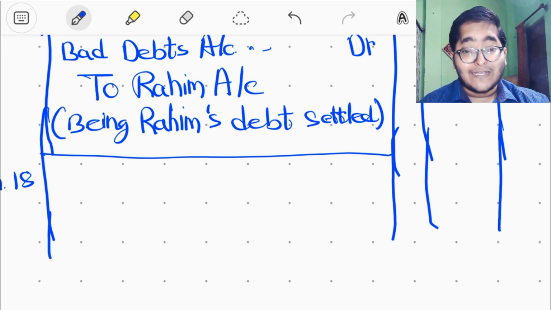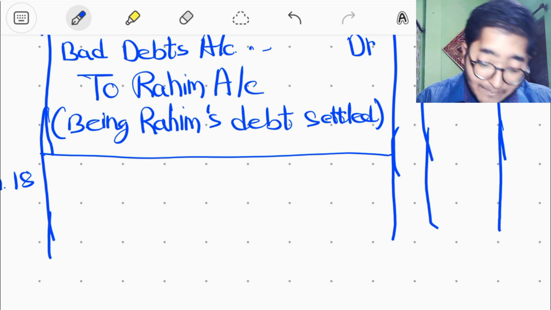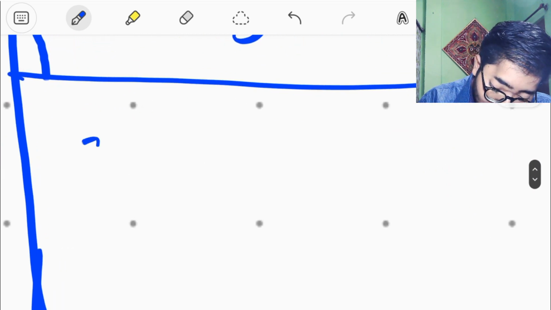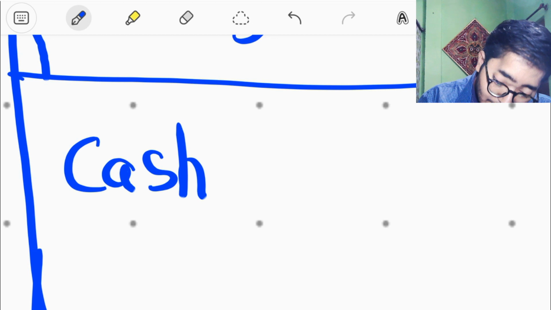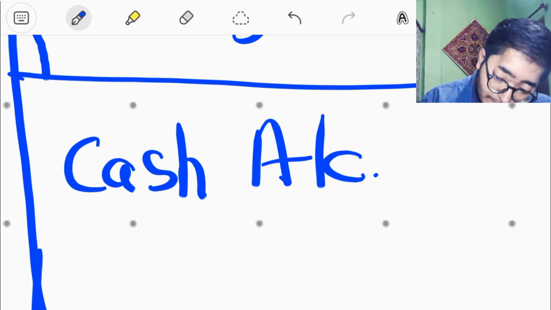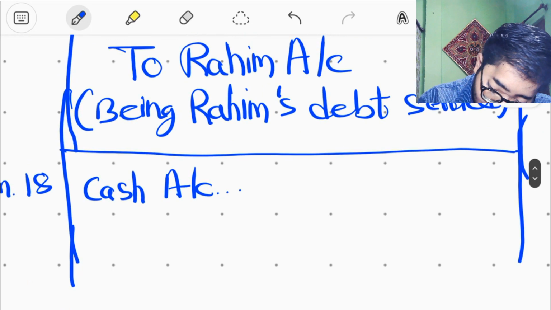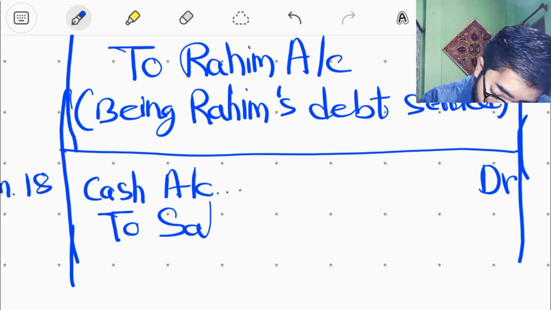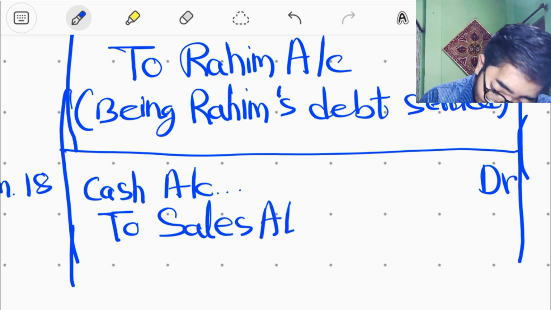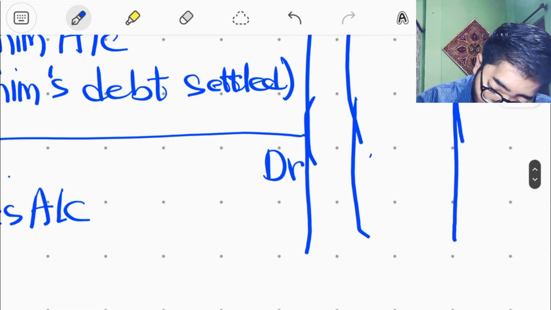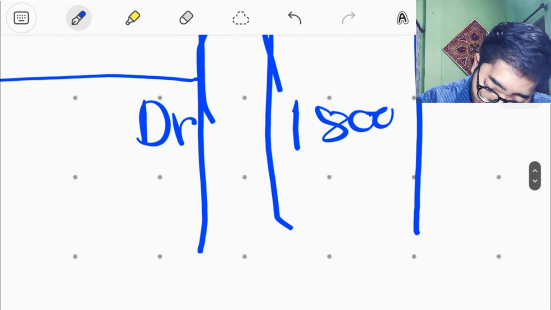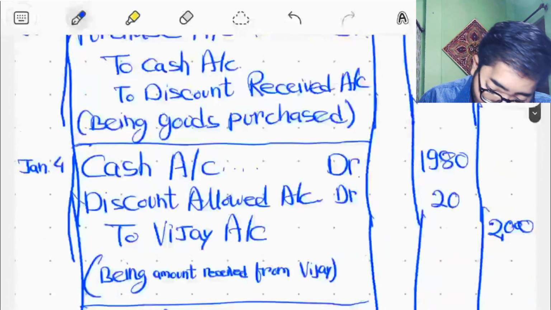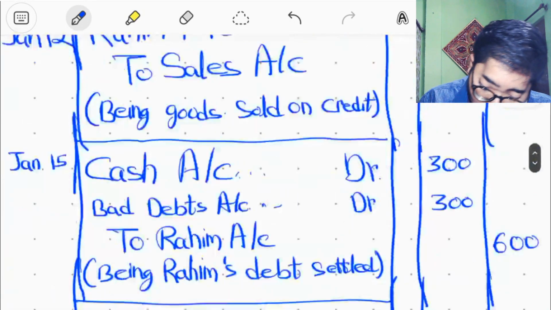It is the basic activity or basic operation of that business or a trader, and that is why, as the sale was against cash, cash account debit to sales account. How much? The value was, I think, 1800, and thus in the credit side also 1800. Let me check once. Yes, sorry, it was 1000 rupees.